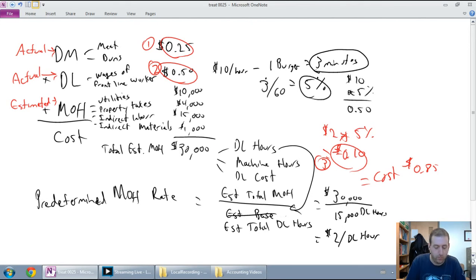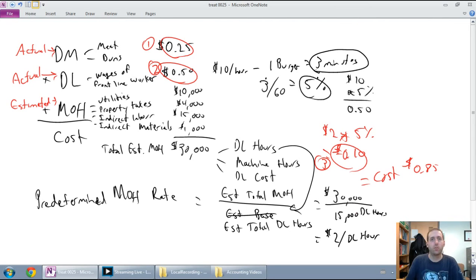Estimate your total base or your total allocation base for overhead. In this case, we said, okay, it's our labor hours, and we're going to have 15,000 labor hours. Again, these numbers are all made up off the top of my head here. So we have $30,000 in estimated total overhead. We have a 15,000 labor hour base. It means we're going to apply overhead at a rate of $2 an hour.